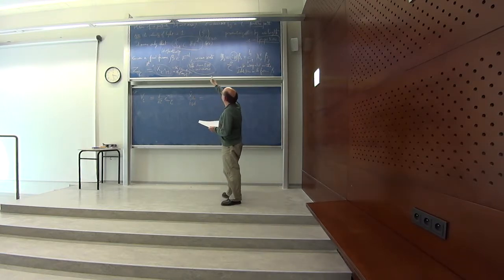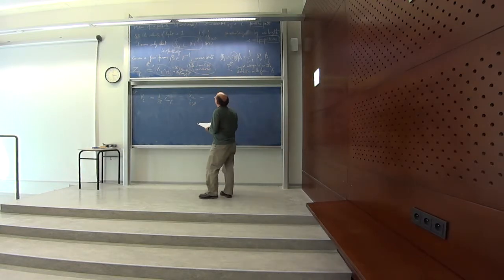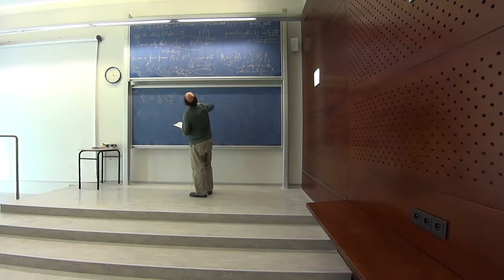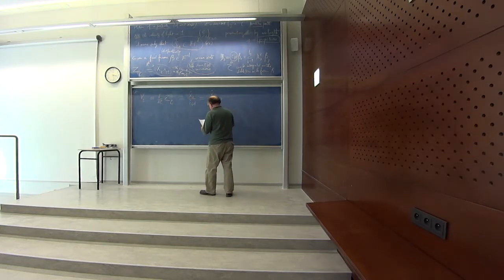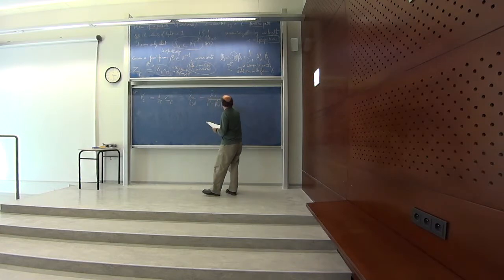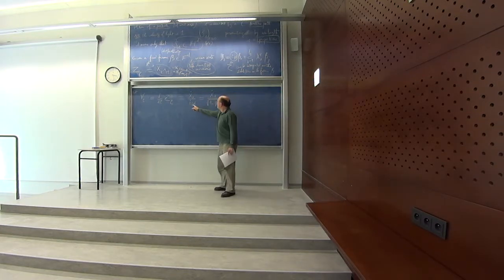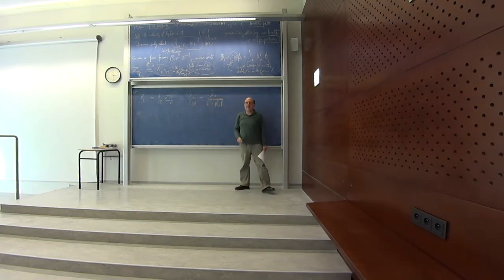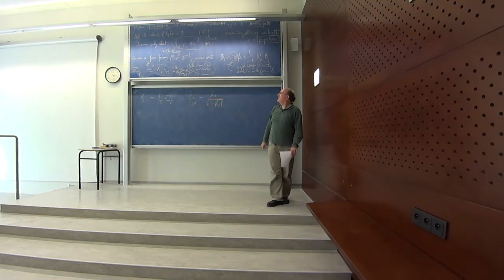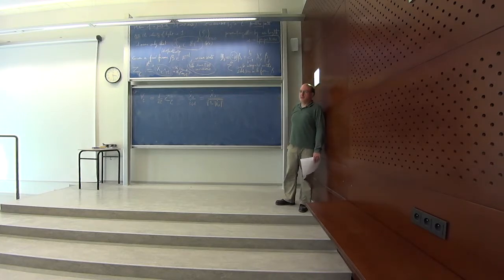And because of the condition to be parameterized by arc length, this velocity belongs to the hyperbolic space. This is the same as this. This being equal to this is only the fact that the velocity belongs to the hyperbolic space.